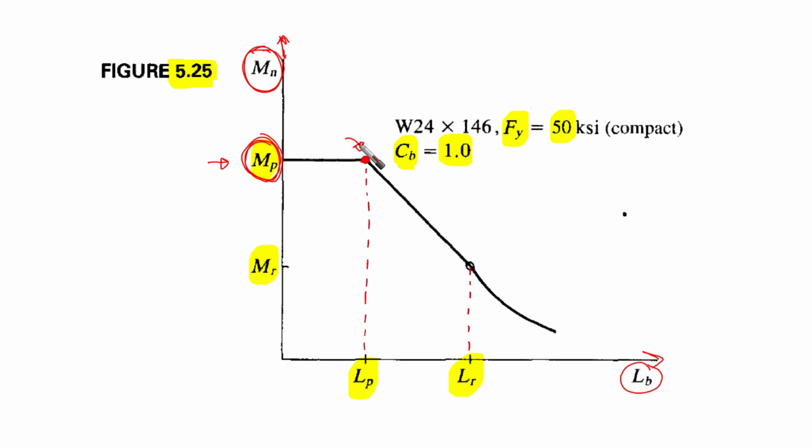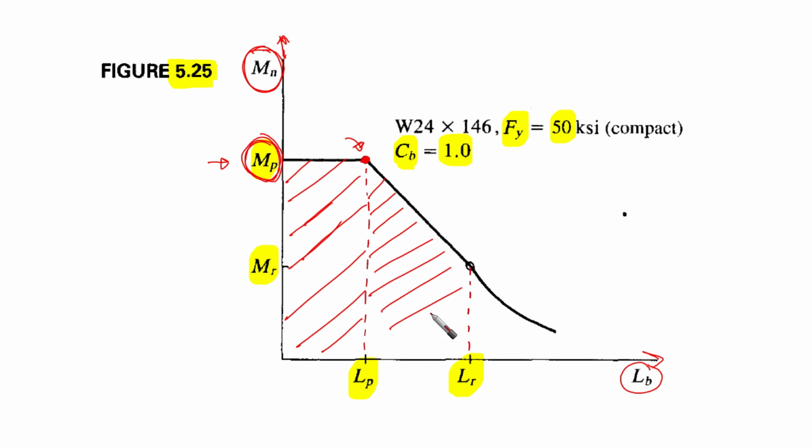The solid point makes a differentiation, dividing the space into the part related to the plastic flexural moment, and here starts the part of lateral torsional buckling, whether it is inelastic or elastic.